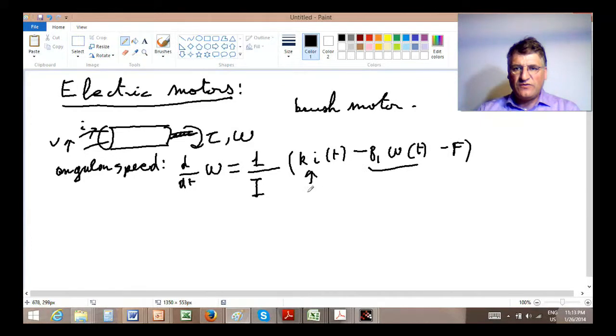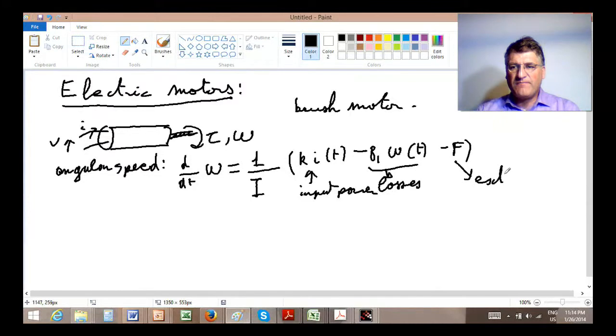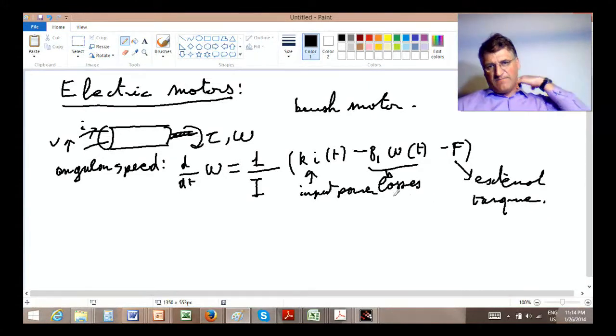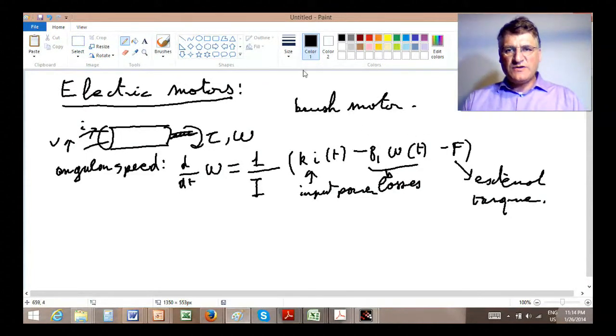B1 corresponds to losses due to frictions. And that's external torque, the external torque applied to the motor. So literally F should not be called F here, but instead tau.